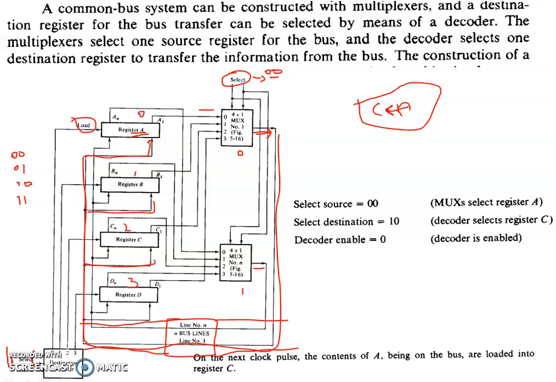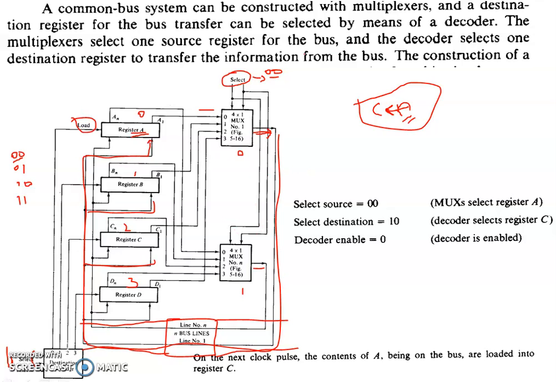Next, A will be chosen by enabling the signal 0 0 in order to select the source, and based on the 0 0 input given to the multiplexer, the data is loaded from register A to the bus.